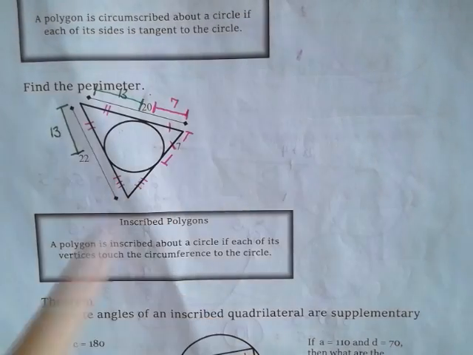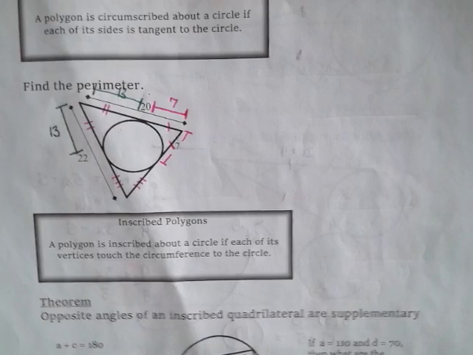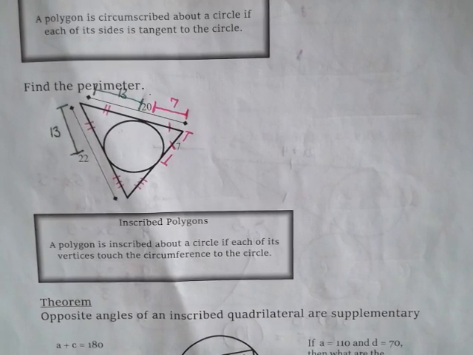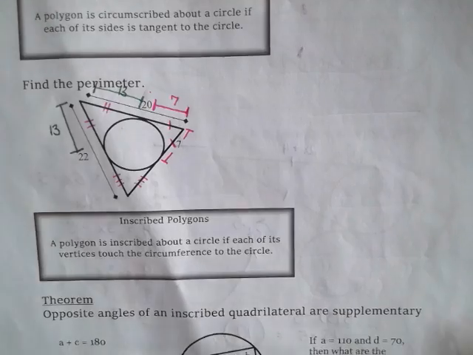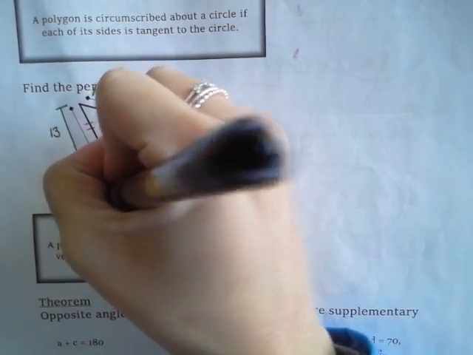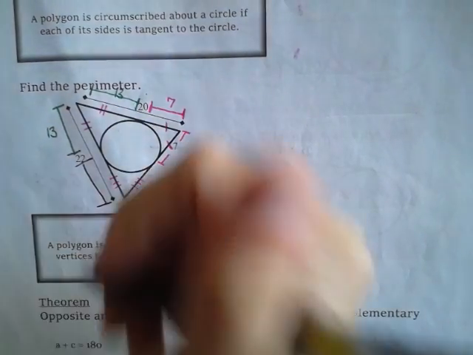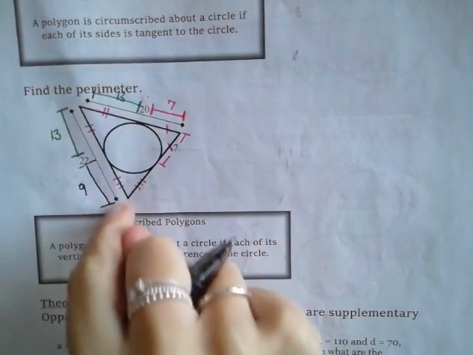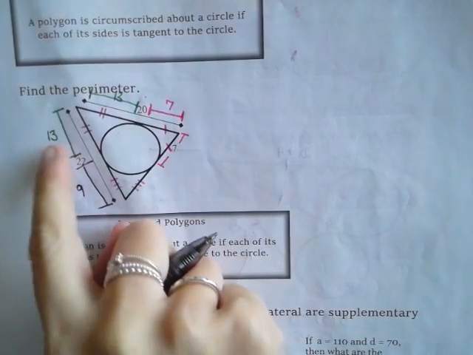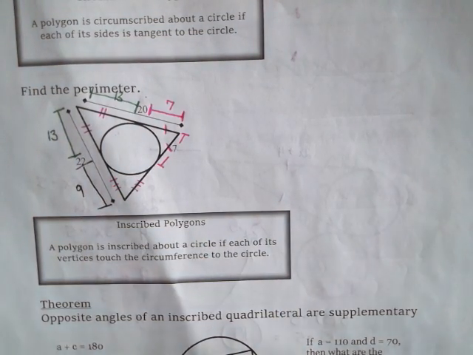Finally, we get to the part where we really need to know some information. From this part where it touches the circle to the edge of my triangle, we know that it is going to be 9 units because the whole side is 22, but this part takes up 13.